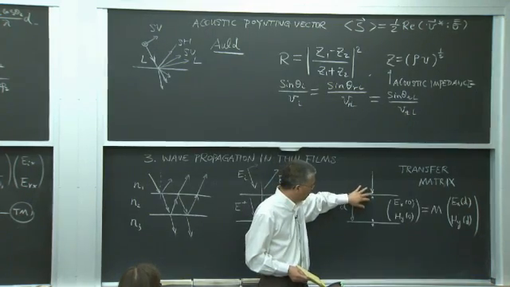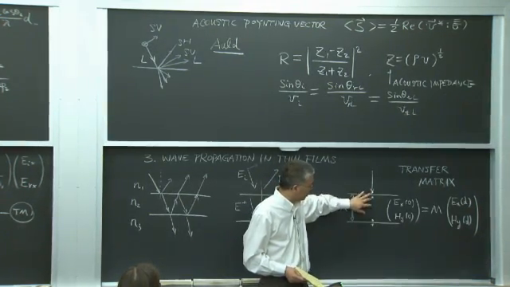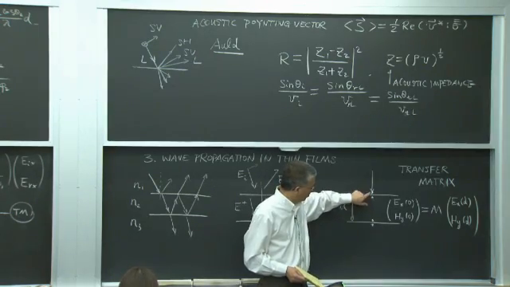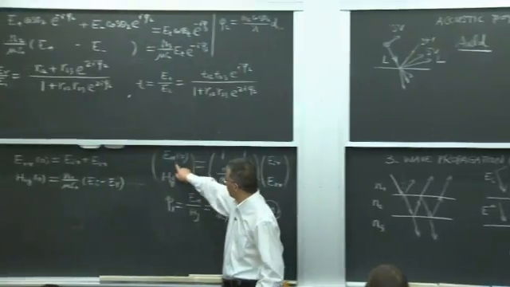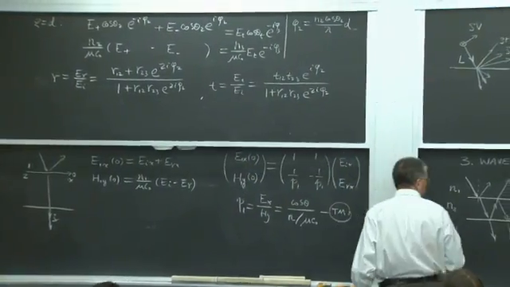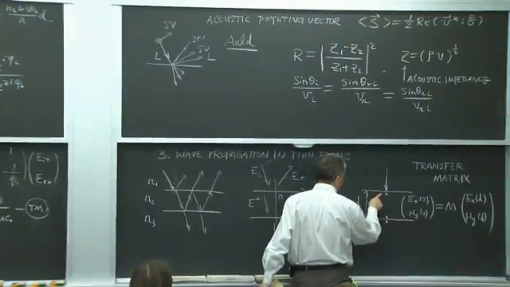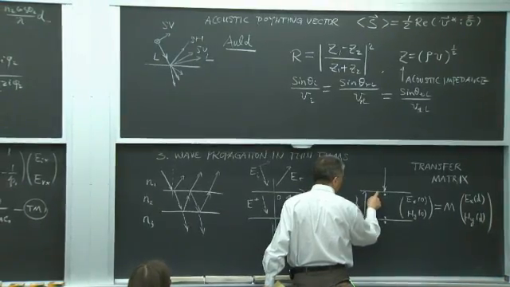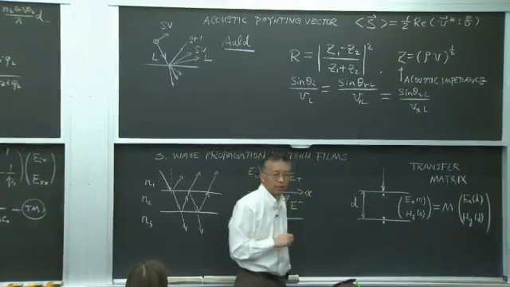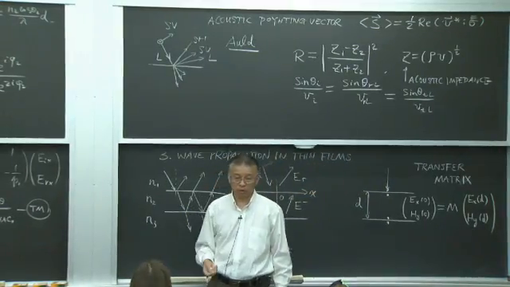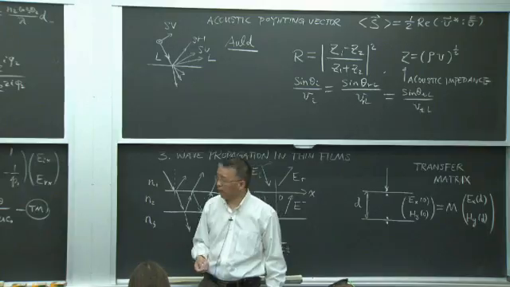But say what I'm using is E and H is continuous. So E and H, so E1x0, E1y0 should equal E2x0, H2y0. So that's the continuity of tangential component, right?